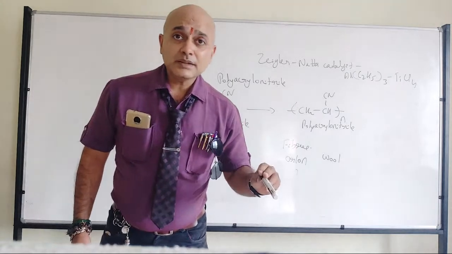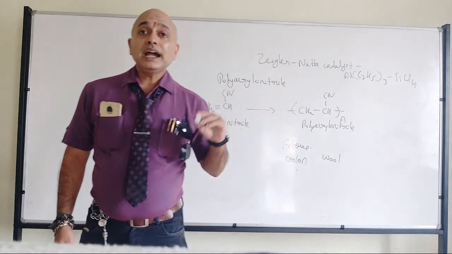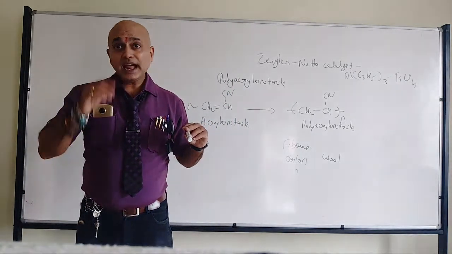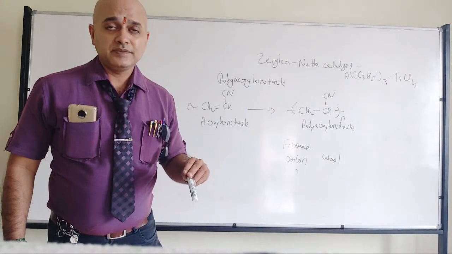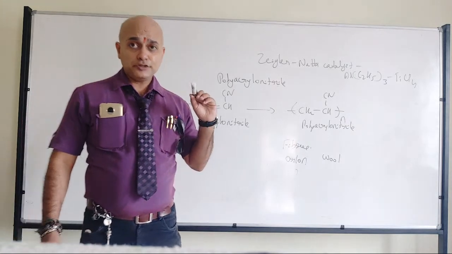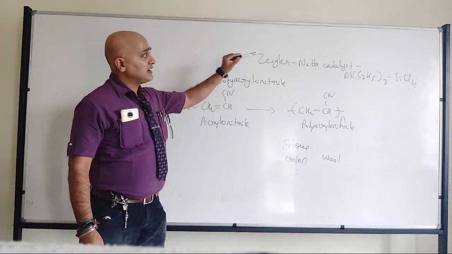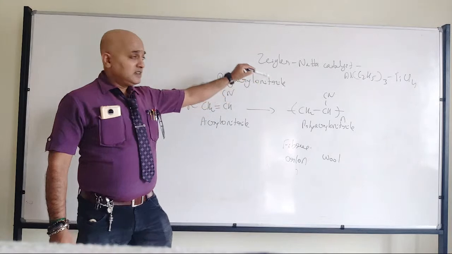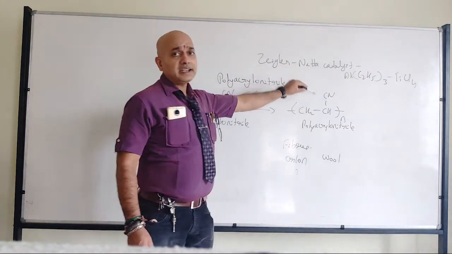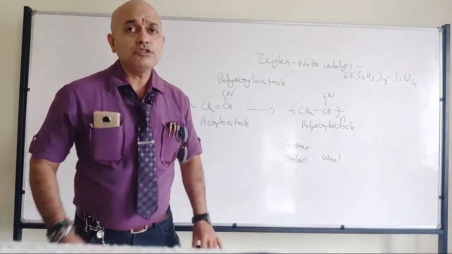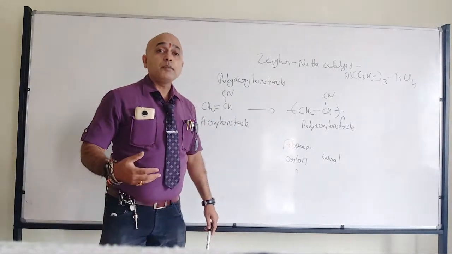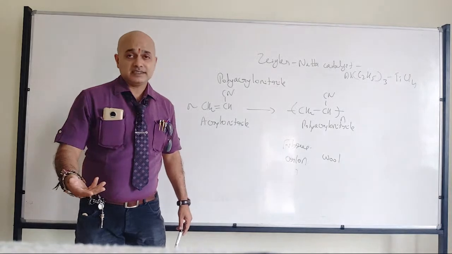Low density polyethylene will be branched, but high density polyethylene is not a branched one. It is a linear polymer. And reaction conditions you should remember, and what is Ziegler-Natta catalyst you should remember. The application of Ziegler-Natta catalyst is that it will provide the surface for the reactions to happen. So that's why the polymer will become highly dense.